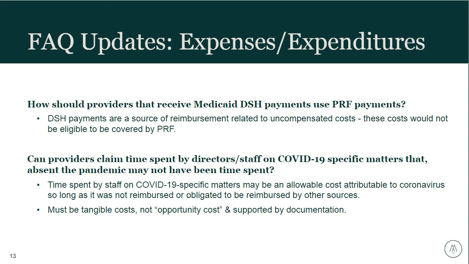And thinking about time spent by folks on COVID-19 specific matters, HHS has provided guidance that the key here is that it may be an allowable cost attributable to coronavirus, again with the caveat that it is not being reimbursed or obligated to be reimbursed by another source.